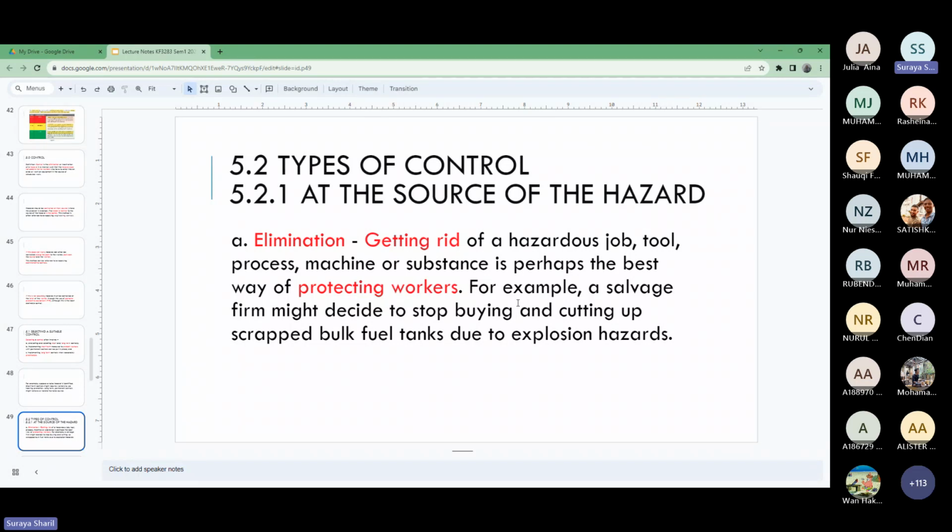Let's say you can choose a process or a machine that has the least possible risk to the worker. This would be the best thing to do.